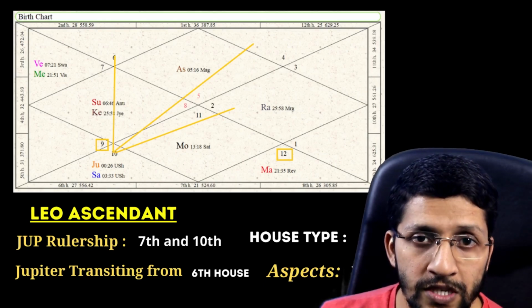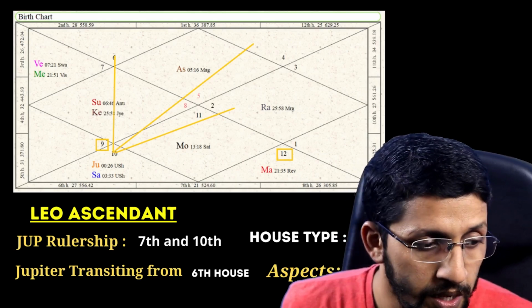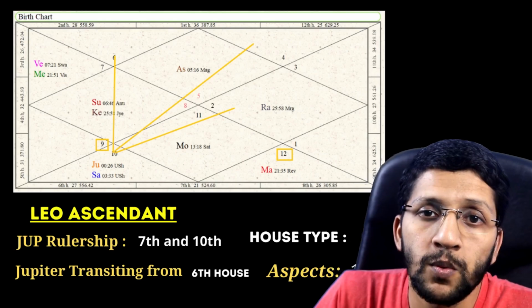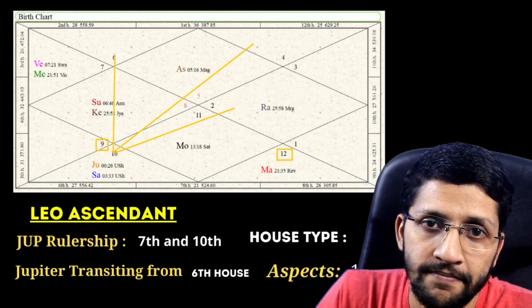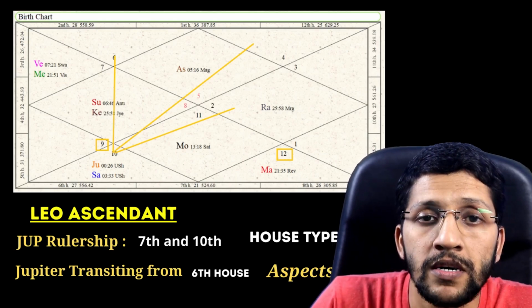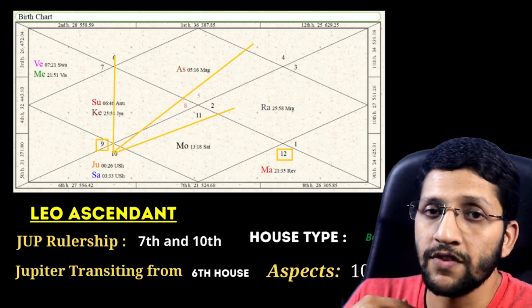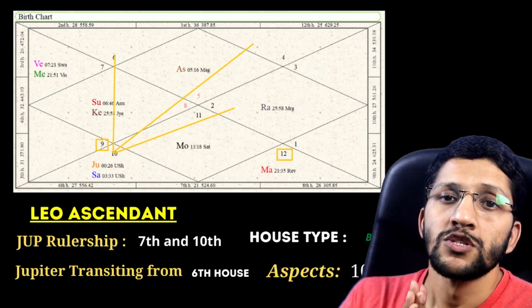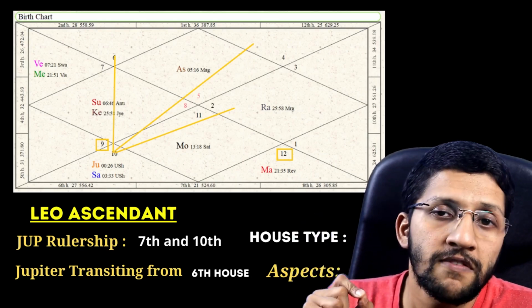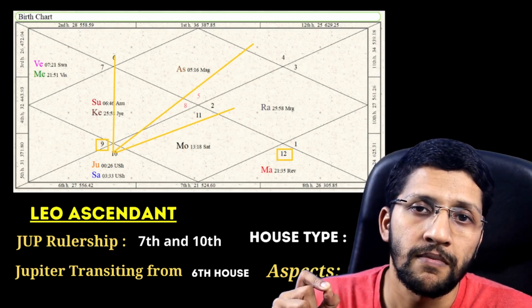And when the 5th lord goes into the 6th house, you have to be careful with whom you connect with romantically, right? The lord of love is getting into the 6th house of enmity. Okay, so Jupiter from the 6th house is aspecting the 10th house of your career.